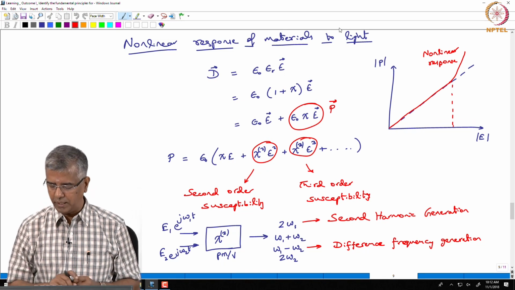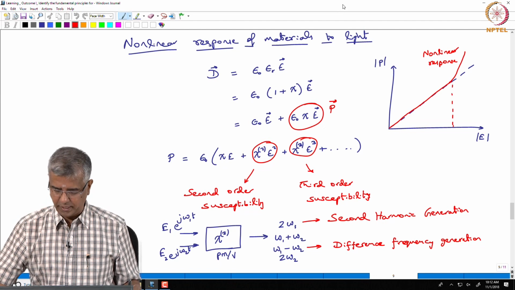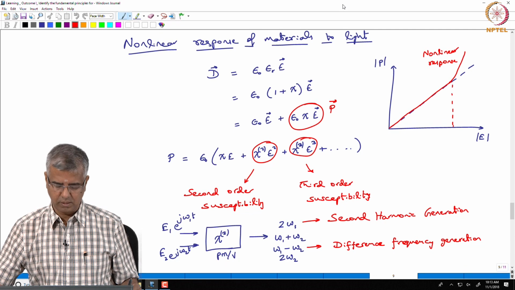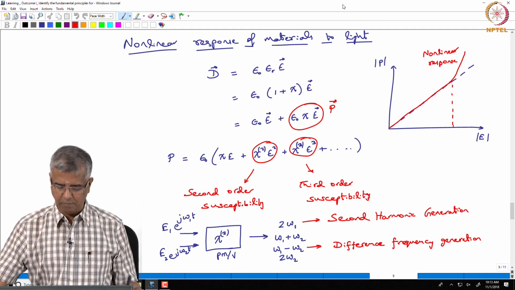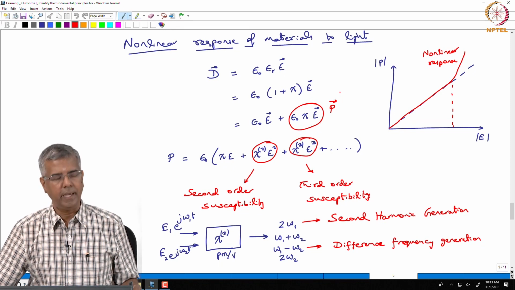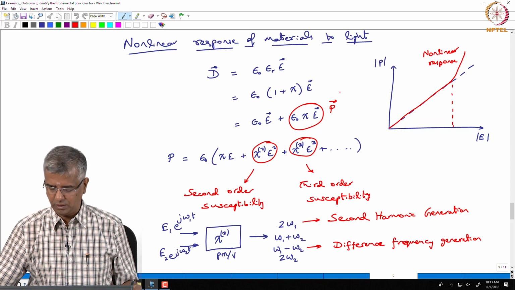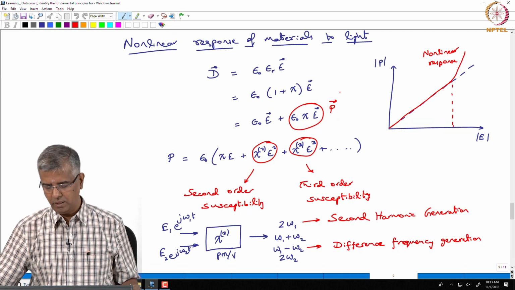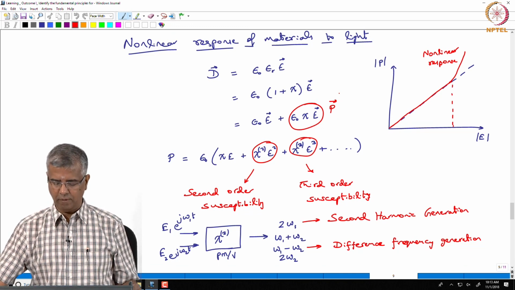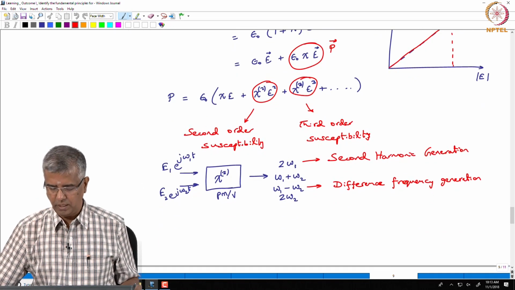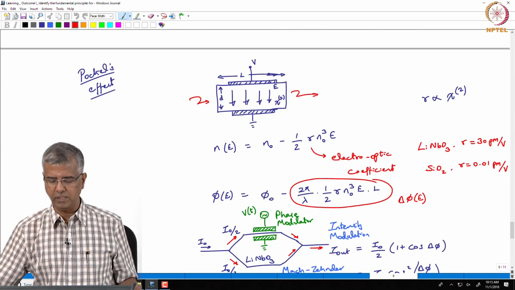Okay. So we looked at second order susceptibility yesterday, and we said there are several things that are possible using this second order susceptibility. If you have a material that exhibits a high level of Chi2, which we later defined as materials that do not have centrosymmetry, then you could have processes such as second harmonic generation, difference frequency generation, and then we looked at the Pockels effect.